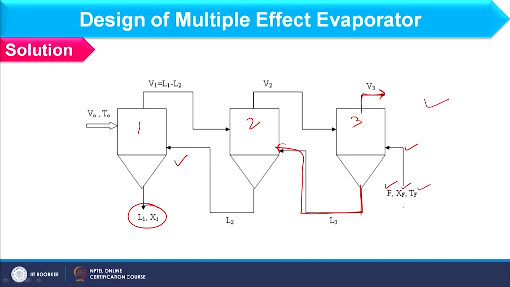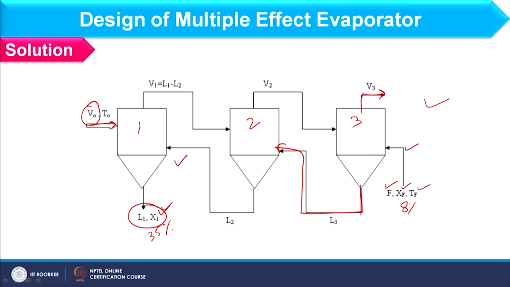So, XF is available at 8% and the final product, that is the X1 value, is given as 35%. In this way concentrations are known to you, and as far as vapor movement is concerned, the movement of vapor will be independent of the movement of feed.